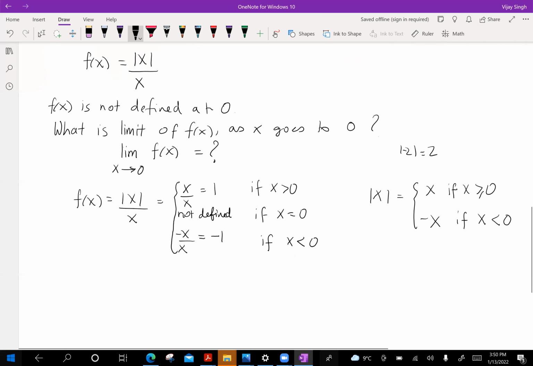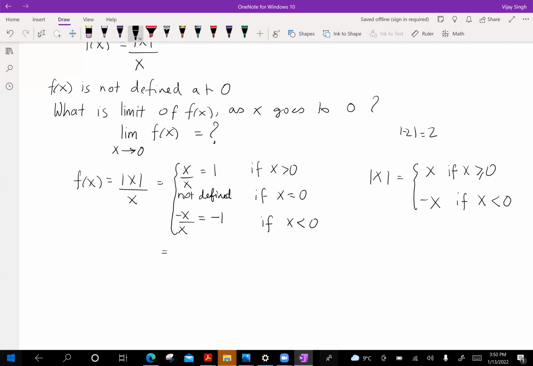So let me just rewrite the function. It's simply 1 if x is greater than 0, minus 1 if x is less than 0, and not defined, or let me just write short for it as d n e, if x is equal to 0.